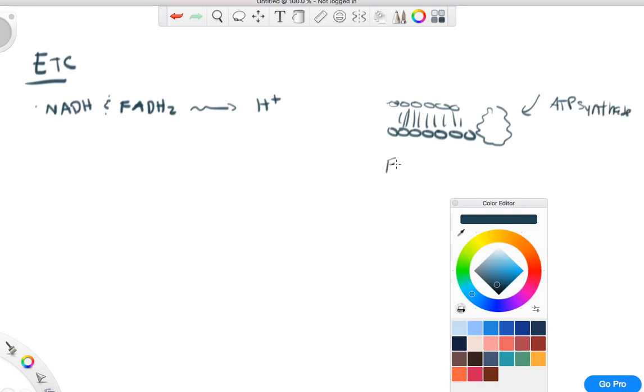So you're going to have your FADH2 and you'll have NADH. And what they'll do is they will transfer H pluses to this side of the cell, right? So these are gone, and this becomes FAD, and NAD plus.